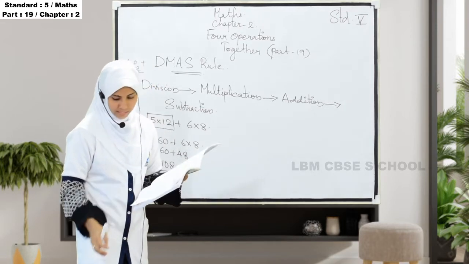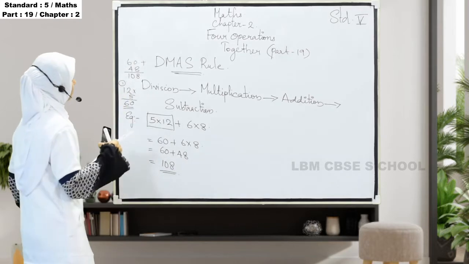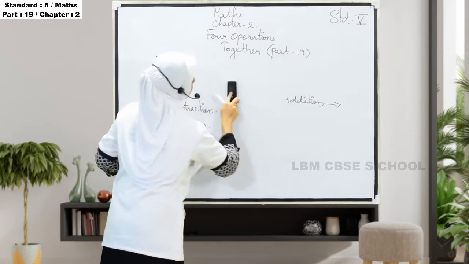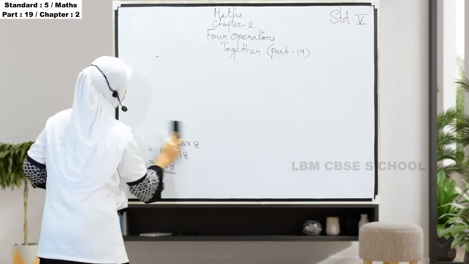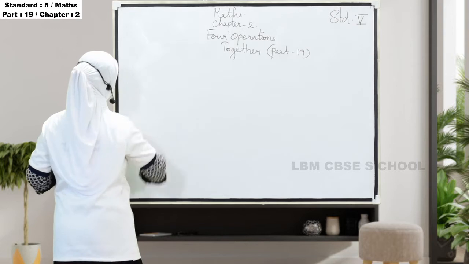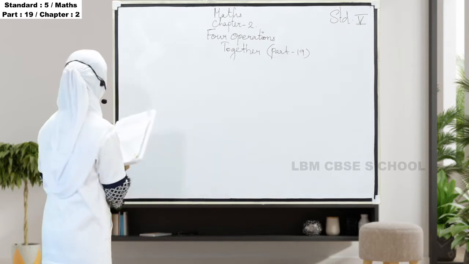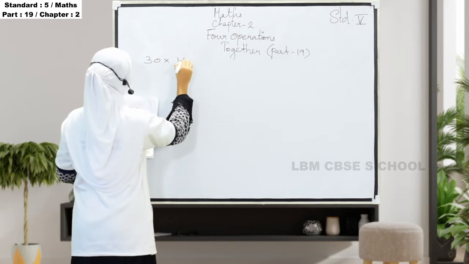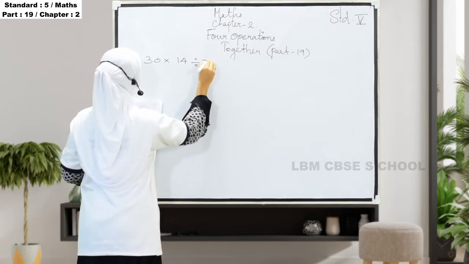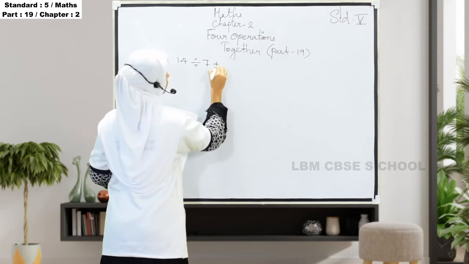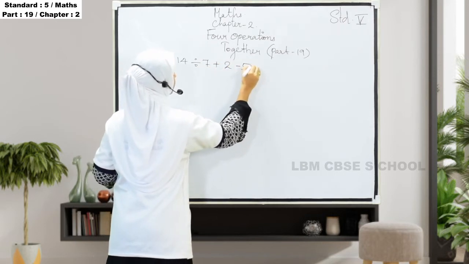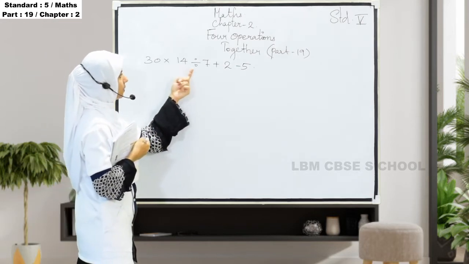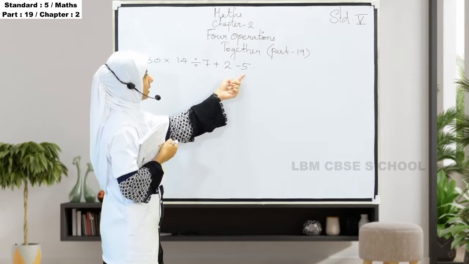Then one more example I will show. The next question is 30 into 14 divided by 7 plus 2 minus 5.